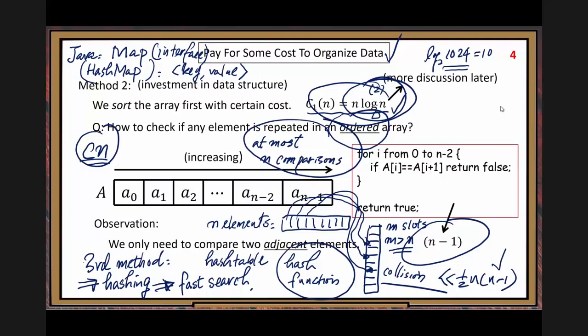I use a simple interview question as an example. Low level interview questions. If I can find time, I may show you a few high level interview questions, relatively hard. This is a low level. All right. Let's move to the next topic.